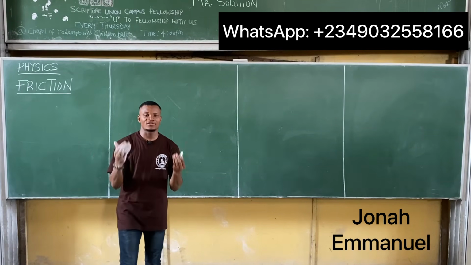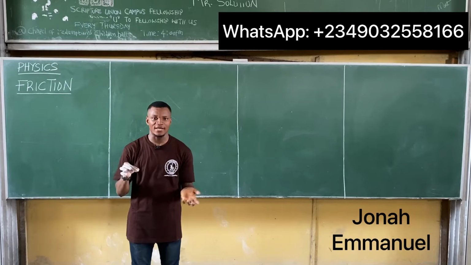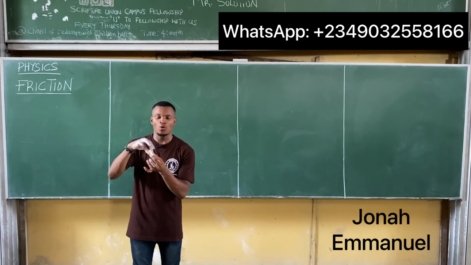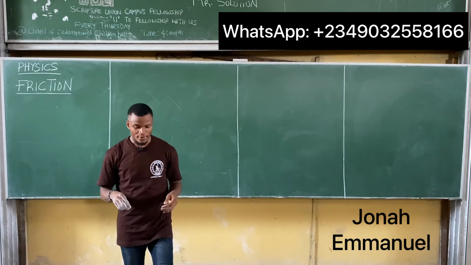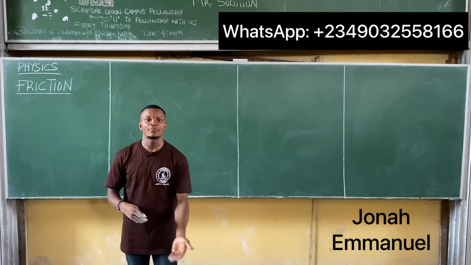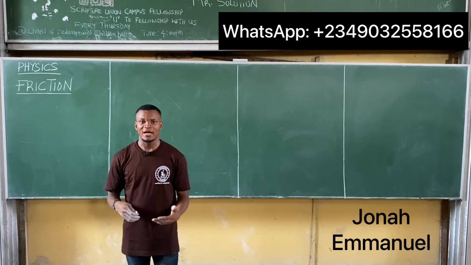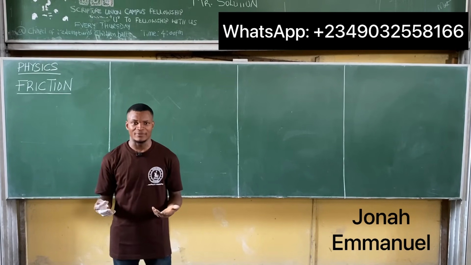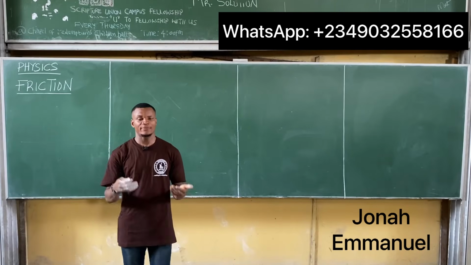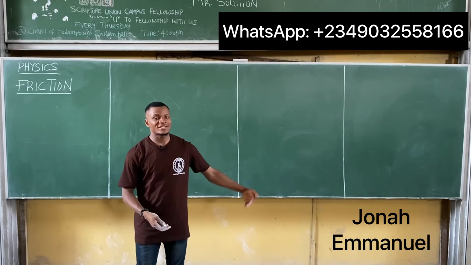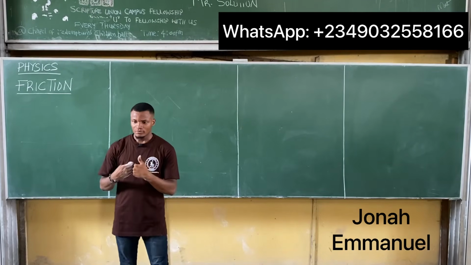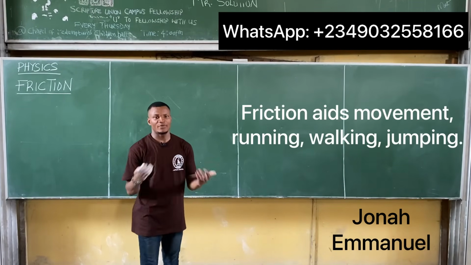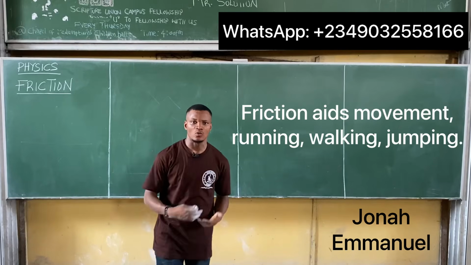In fact, this explains the reason why you cannot hold slippery objects. Whenever you hold a slippery object, it just falls from your hand. Or perhaps if you step on a slippery ground, for example a wet tile, you slip and fall. Why? Because there's little or less friction there. So the advantage is that number one, friction helps us to run, to jump, to walk around.